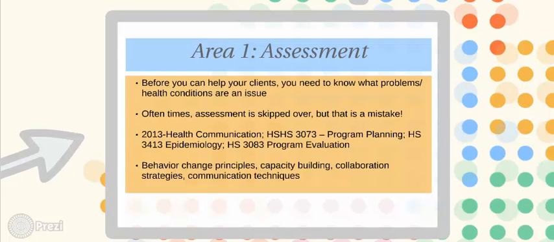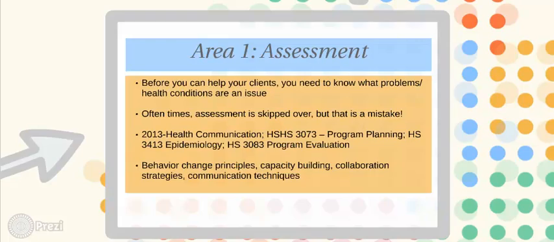And we really tried to get an in-depth look into this community and decided that exercise and nutrition were what the community was the most interested in, and also what we saw through the data. So that assessment really helped us with developing a program from there, which is actually area 2, is program planning.